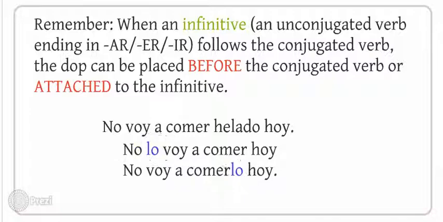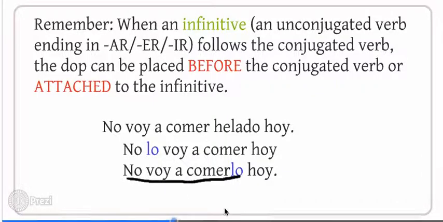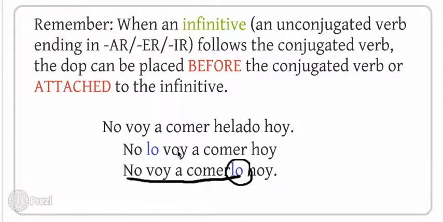If this is confusing to you, you can make it a habit of just always putting it before the conjugated verb and you'll always be right. But the benefit of doing it this way is that it goes in the order that we think of it in English. I'm not going to eat it versus I'm not going to eat it. It's up to you, really, how you do it, just as long as you do it correctly.